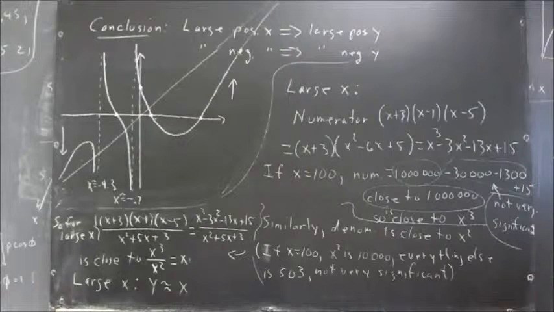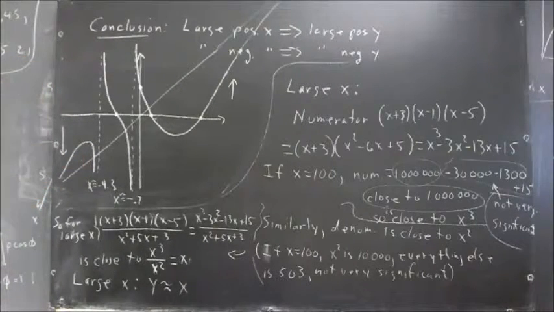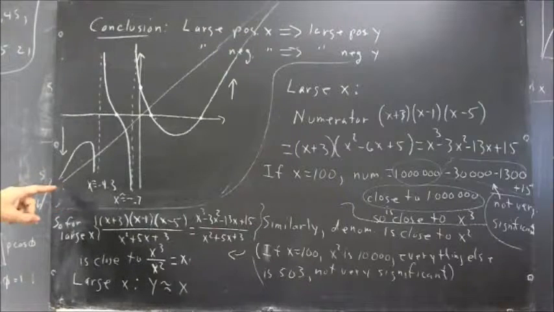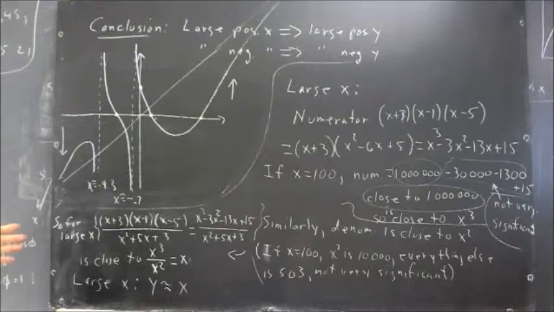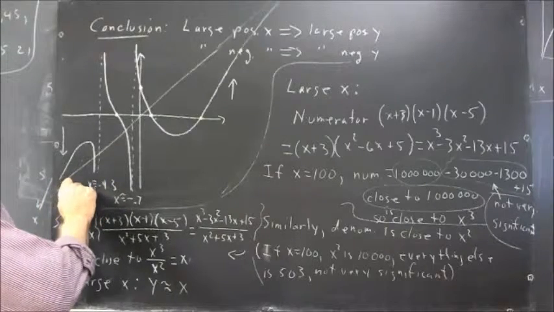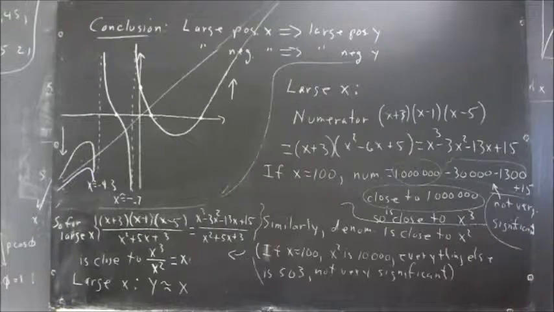Now, that's going to force me to redraw this curve, which has the right general idea, but in order to be asymptotic to this line, it's most likely going to lie below the line.